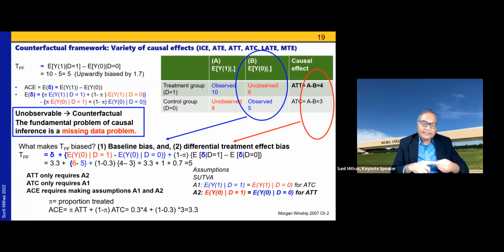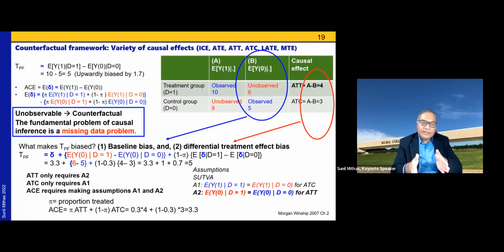And this is known as a missing data problem, because you cannot observe the same individual in two states at the same time. I've done some research looking at the effect of MBA on people's compensation. The problem is, in the real world data that you will get, you will see people either with an MBA and what their compensation is, or you will see people without an MBA and what their compensation is.